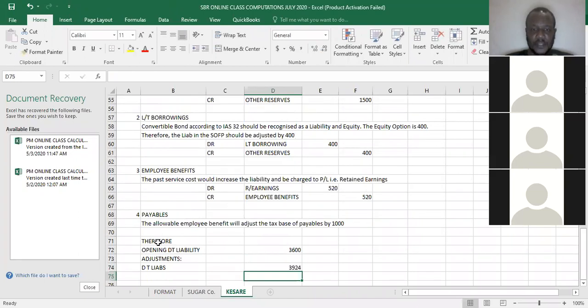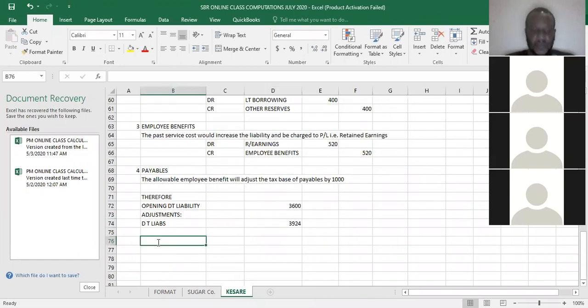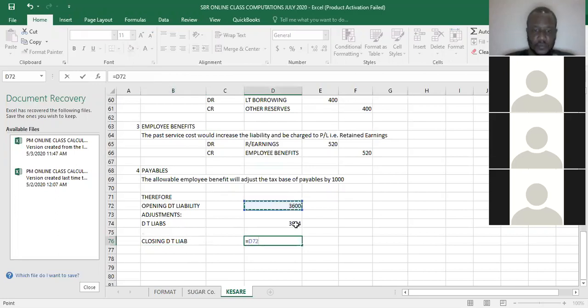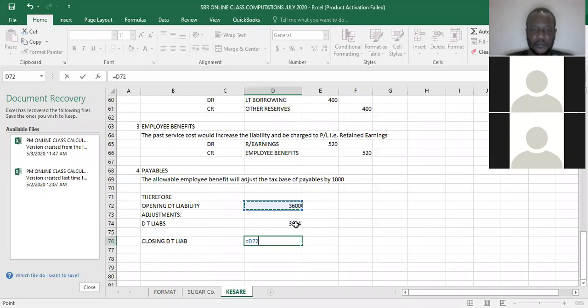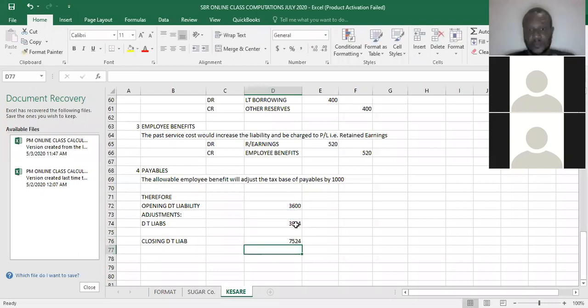So that's that. So my closing deferred tax liability will now be equal to this plus this. That's that.